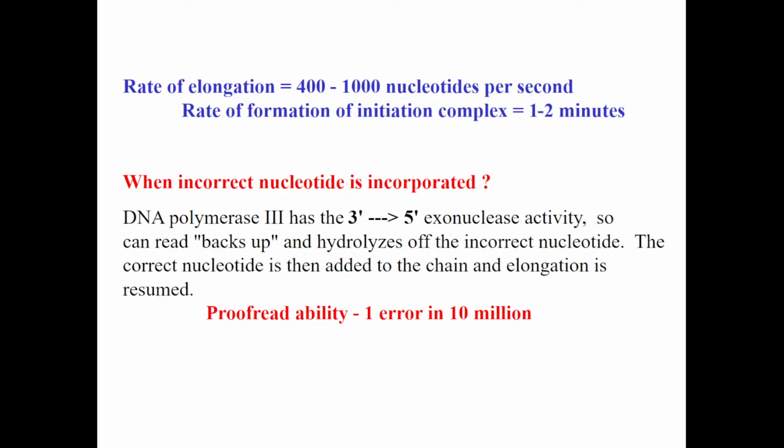If not, it will reverse, use backside exonuclease activity and resynthesize the correct nucleotide. But mistakes are also present every time, and each cell division leads to accumulation of errors.